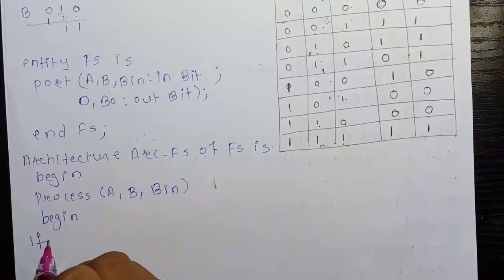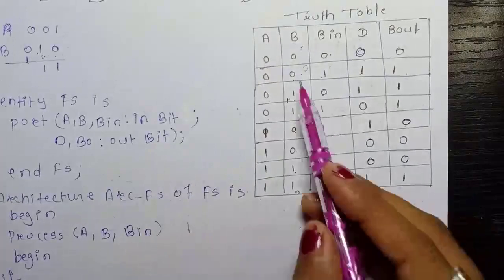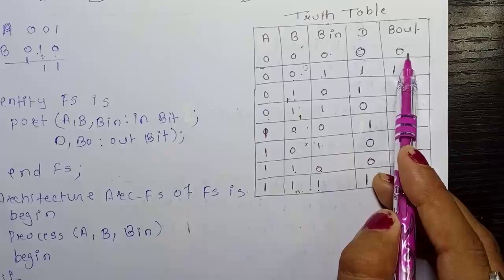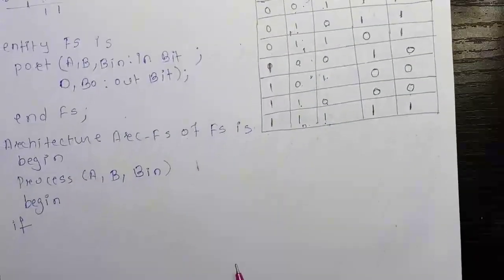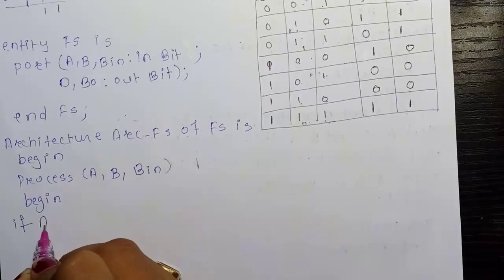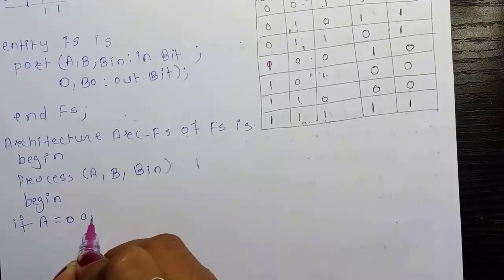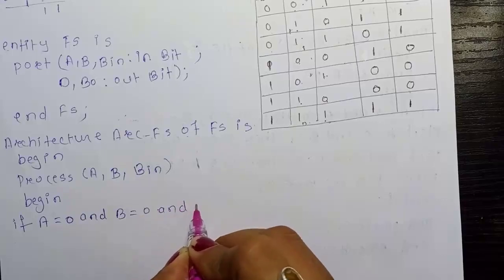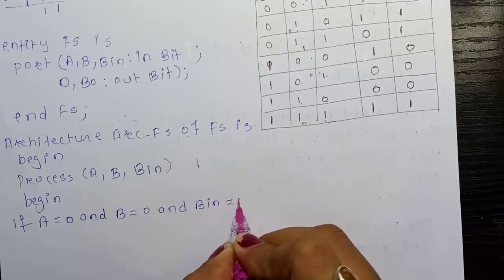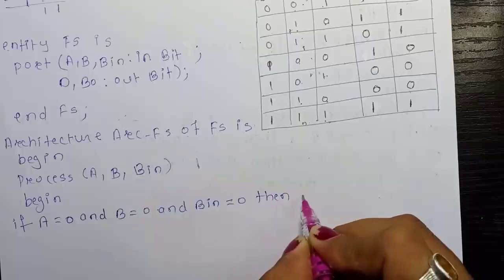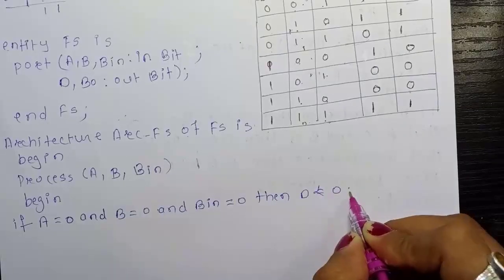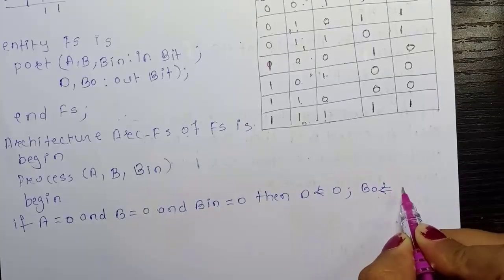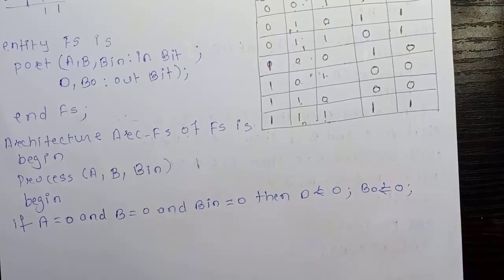Now if else condition, if all the inputs are 0, then my difference is 0 and my borrow is also 0. So if A is equals to 0 and B is equals to 0 and B in is also equals to 0, then my difference is assigned to 0 and my borrow out is also assigned to 0.